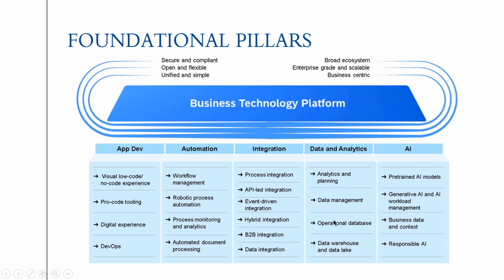And operational database: you can even launch HANA Cloud in the SAP BTP. From there you can work, and you can integrate and develop your applications using SAP Business Application Studio. And a data warehouse and data lake: huge data you can store in the data lakes. That is also available in the SAP BTP.